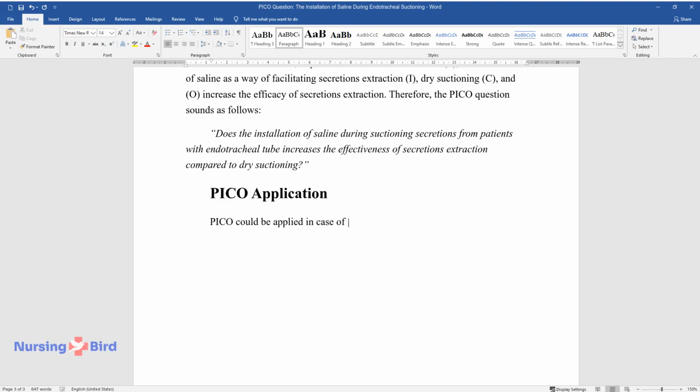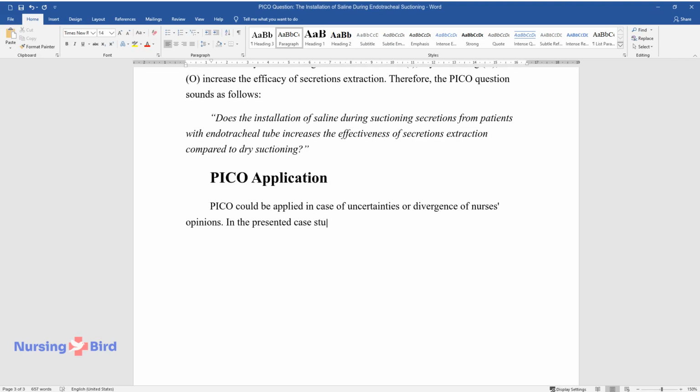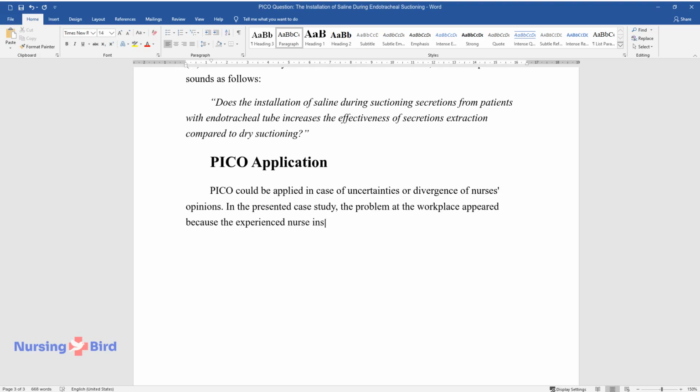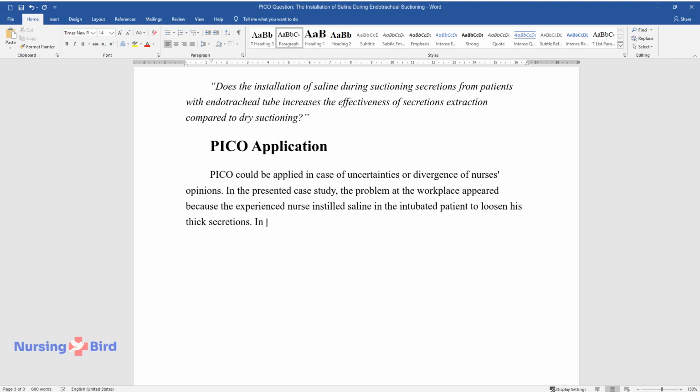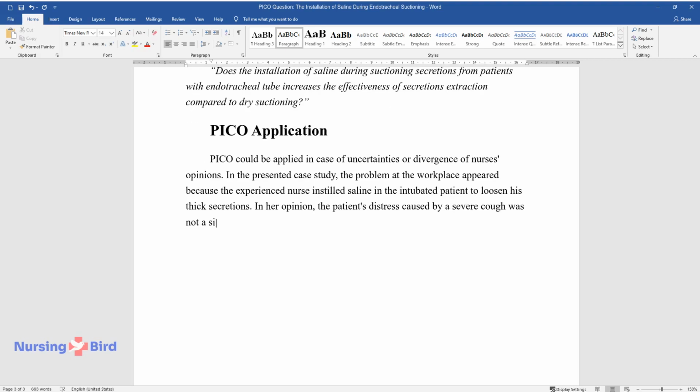PICO application. PICO could be applied in case of uncertainties or divergence of nurses' opinions. In the presented case study, the problem at the workplace appeared because the experienced nurse instilled saline in the intubated patient to loosen his thick secretions. In her opinion, the patient's distress caused by a severe cough was not a sign that this procedure was inappropriate.